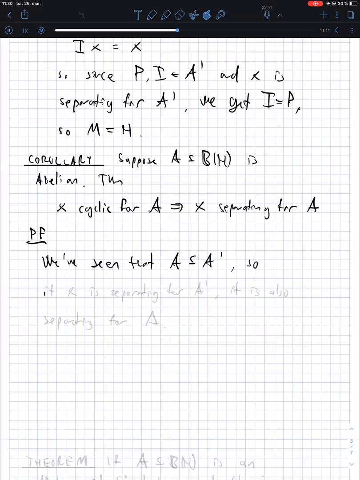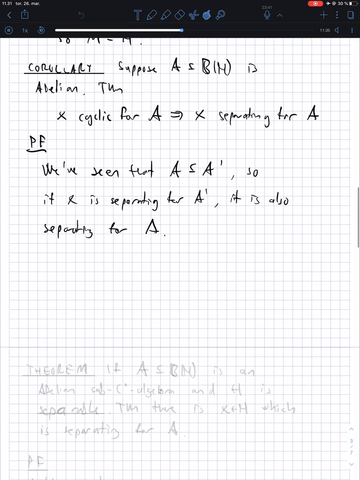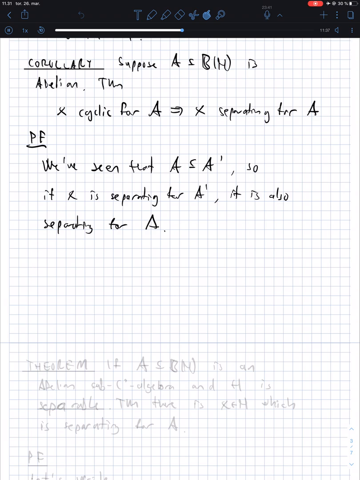So if X is separating for A prime, it is also separating for A. Right, so it means that, at least in the context of abelian subalgebras of B of H, it's a stronger property to be cyclic than it is to be separating.